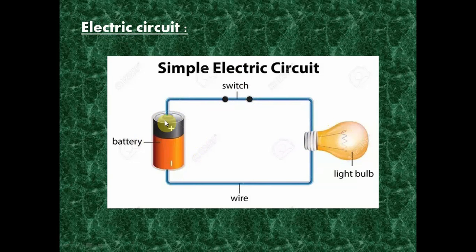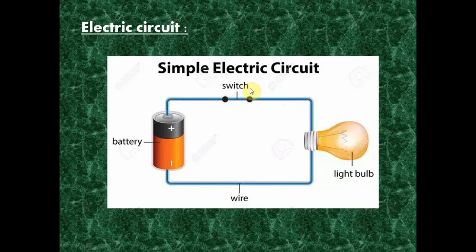So the electricity comes out of the battery and moves inside the wires till it reaches the light bulb or the device that will work. So the wires transfer the electricity from the battery to the device or the lamp.